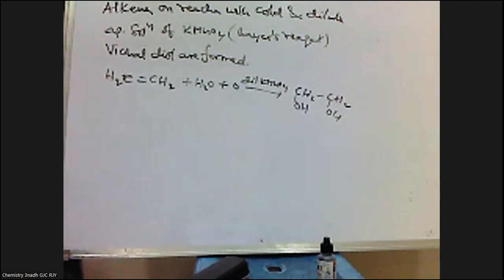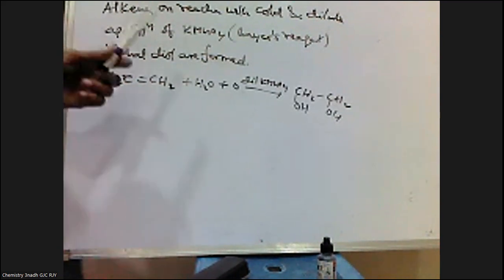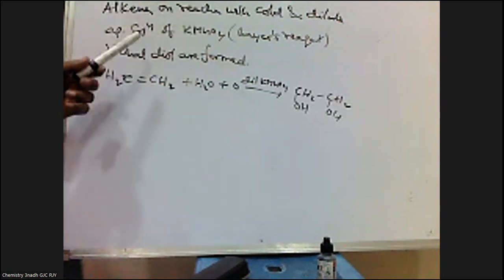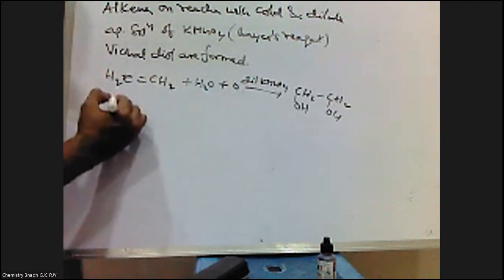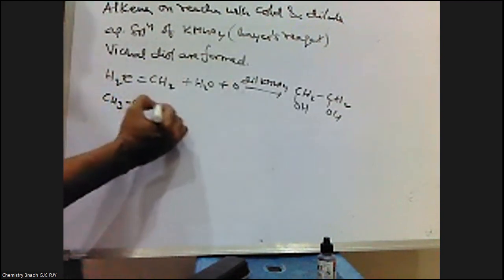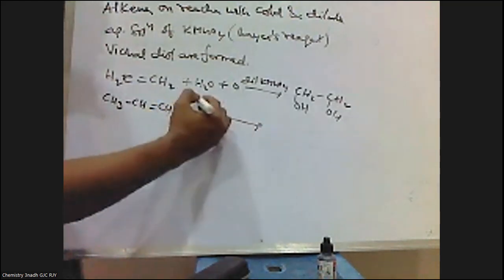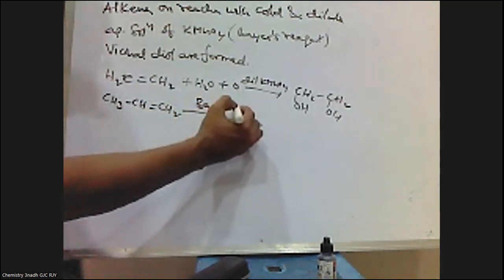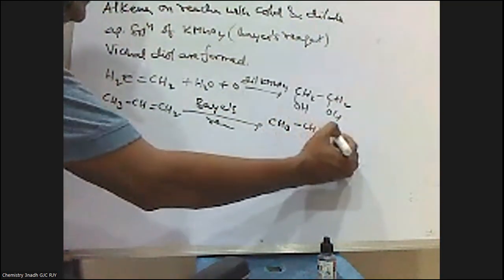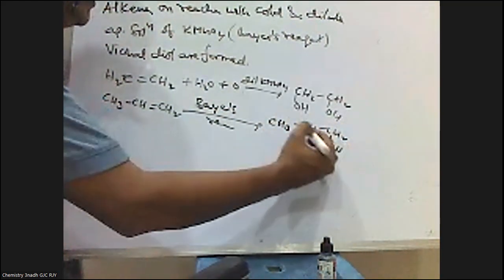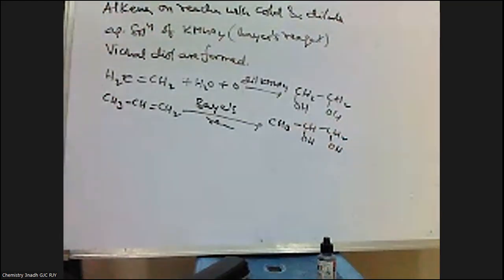When alkenes react with cold, dilute, aqueous solution of potassium permanganate, vicinal diols are formed. For example, if you take propene with Baeyer's reagent, what we will get? CH3CHOHCH2OH. So these are the diols. This is the oxidation property of alkenes.